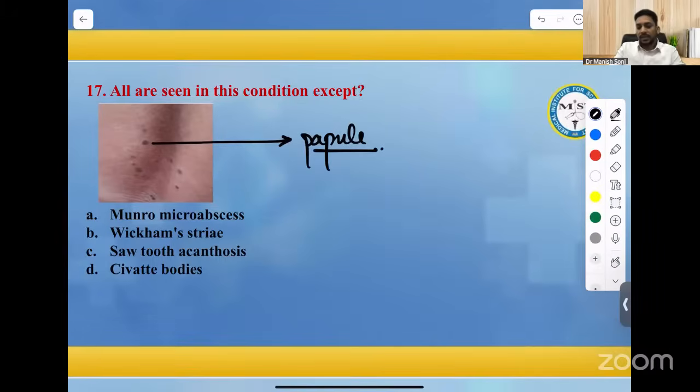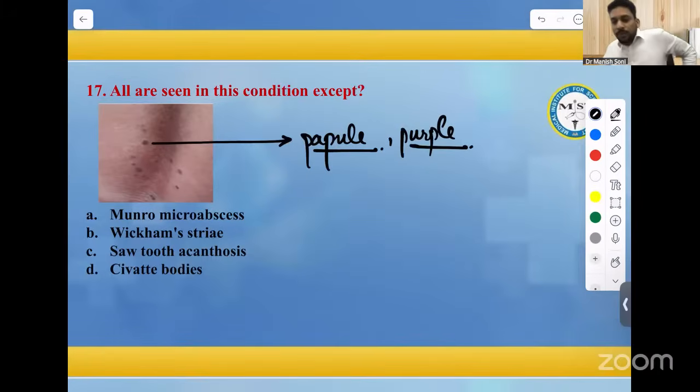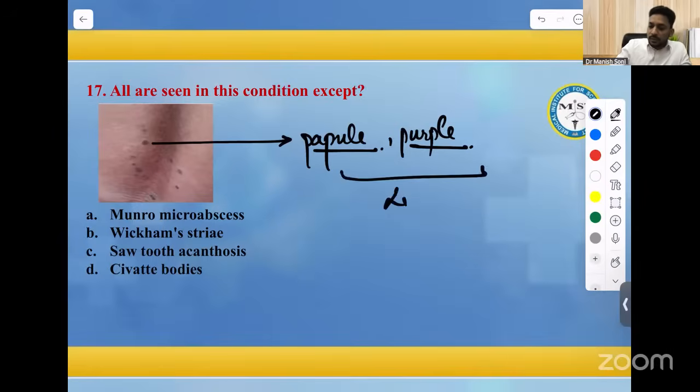It is not red in color, it is purple. So papule, purple, pointing towards lichen planus because it is pigmented, and these papules are slightly polygonal.